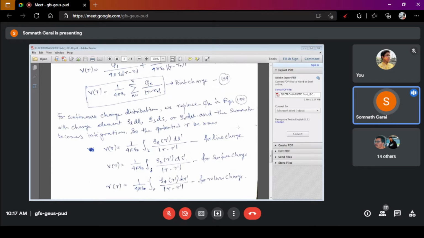So for discontinuous charge distribution, the electric potential V of r is represented by the summation equation.